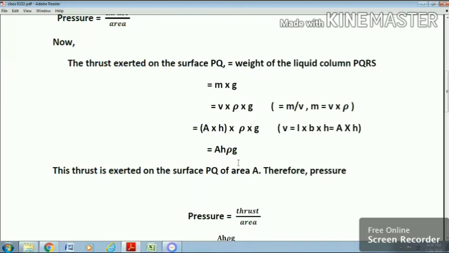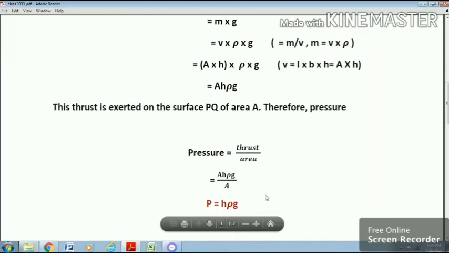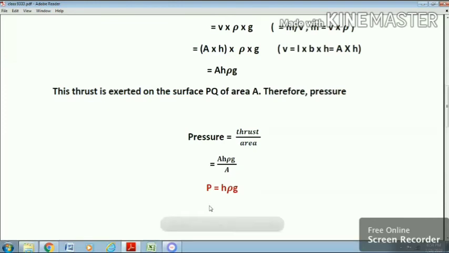This is our thrust. Now substitute this value of thrust in the formula of pressure. So pressure is equal to thrust by area, that is A h rho g by A. So A cancels out, and hence we get the formula for a liquid column: pressure is equal to h rho g.